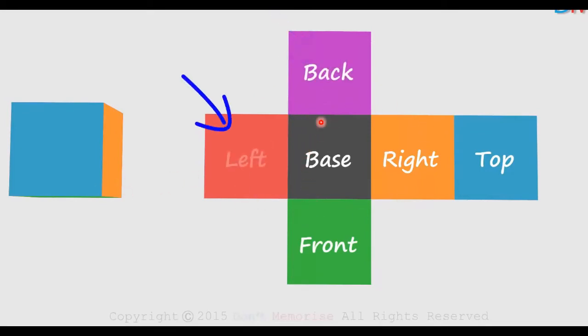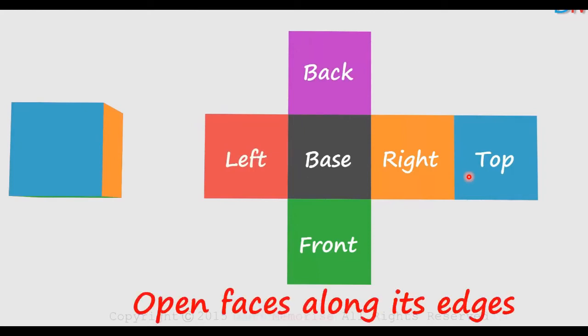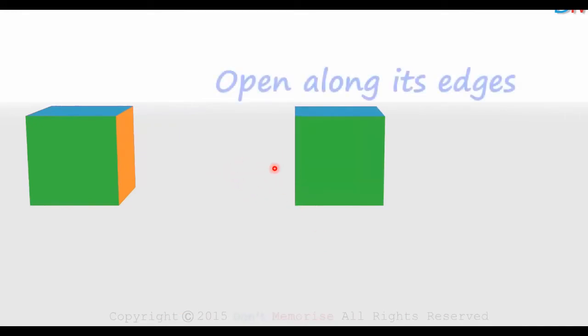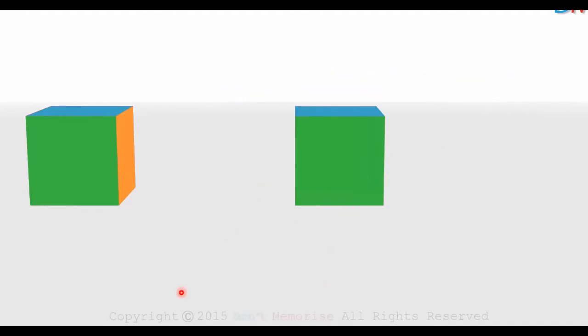So 1, 2, 3, 4, 5, 6. 6 faces are there, isn't it? For the cube, 6 faces are there. These faces are also squares. All the faces are squares, isn't it? So when we open faces along its edges, we get this net. This is called the net of a 3D shape.